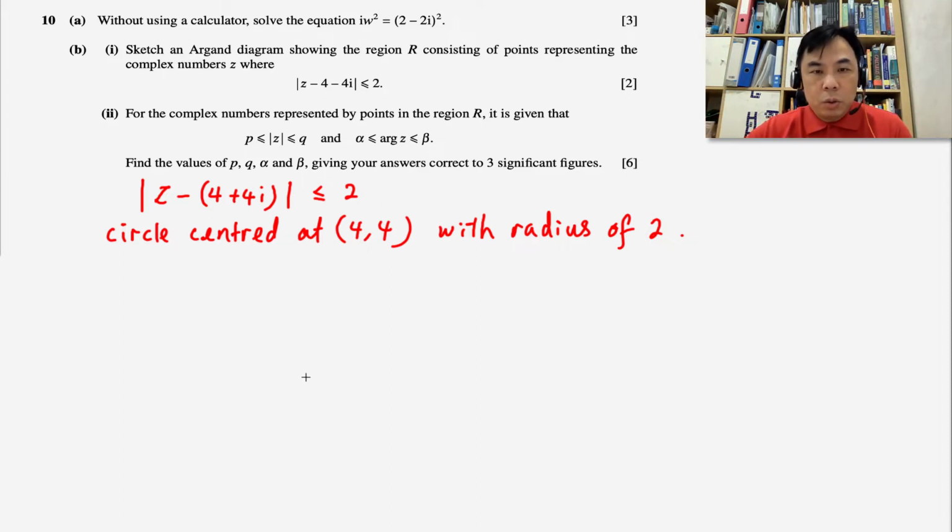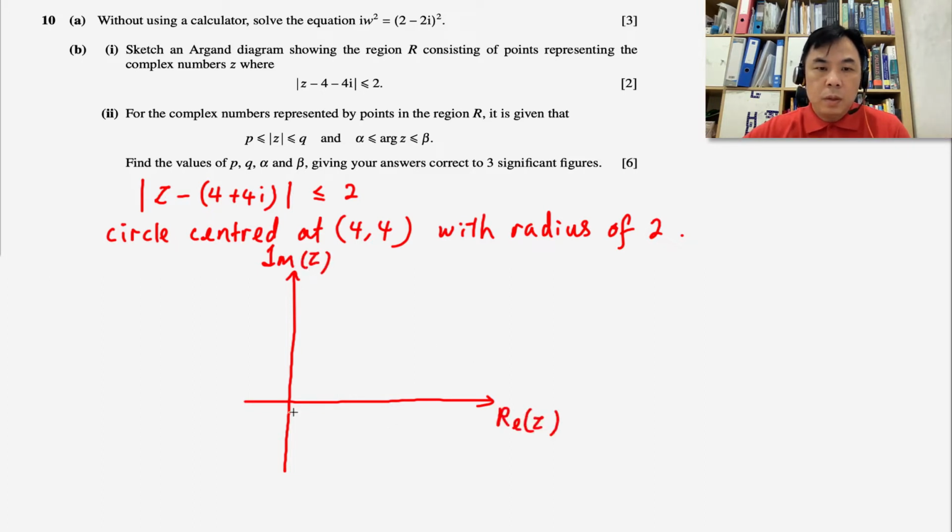Now I'm going to show you very briefly. This is a very simple task here. All we need to do is just draw the axes, imaginary and real. Right, this is the origin. Now there's around 4, 4 there, so roughly 1, 2, 3, 4 here. 1, 2, 3, 4.